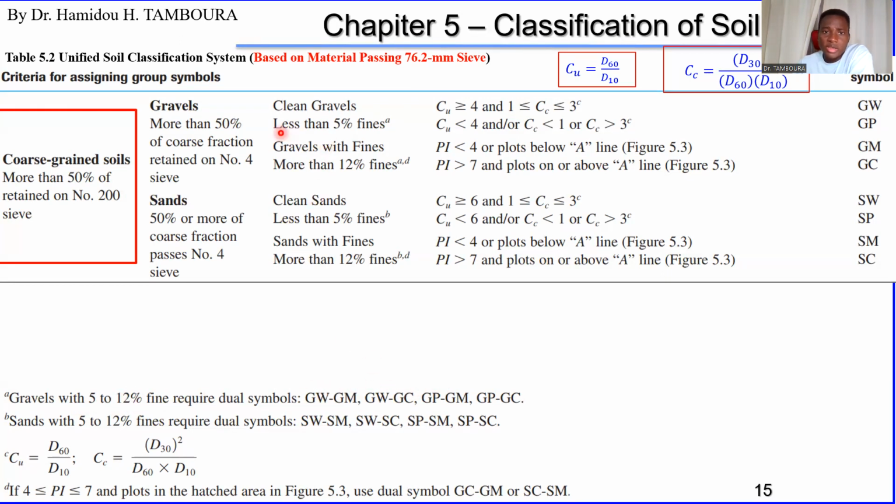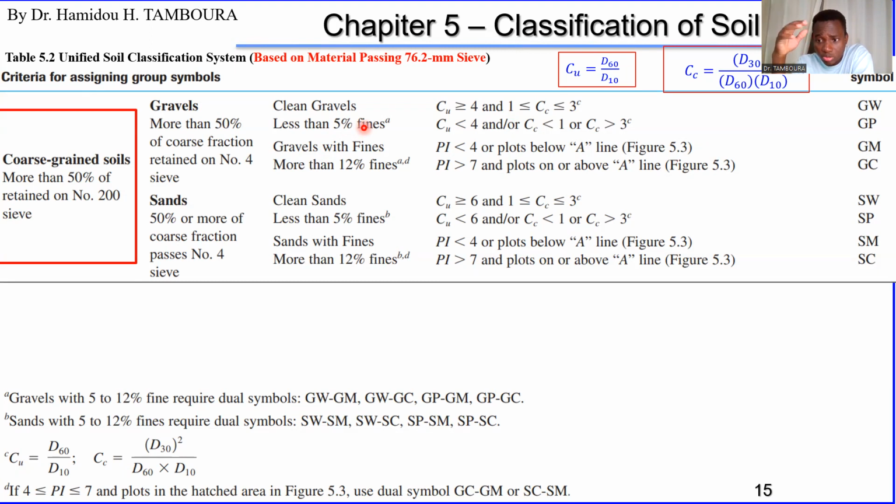But if the fines in your soil, the percentage of fines, do you understand what is the meaning of percentage of fines? Fines means it's smaller, what is passing the sieve number 200.